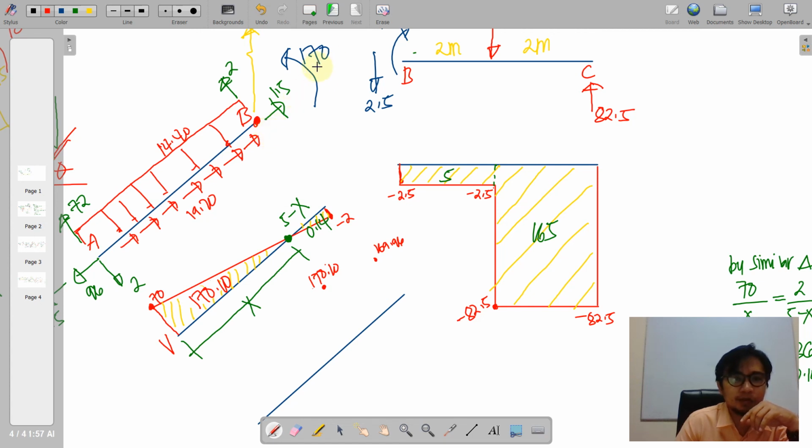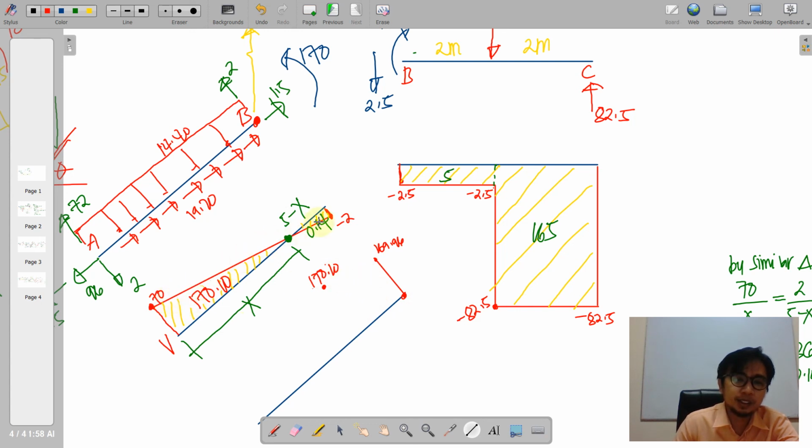So negative 170 is to be added here so that this will become approximately equal to 0. Actually we have a slight difference because of the rounding of numbers. Anyway, this will just go back to 0 here, and of course it will be connected by a straight line.